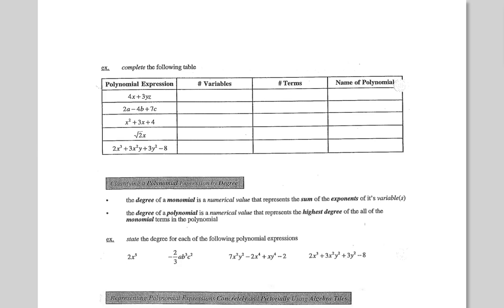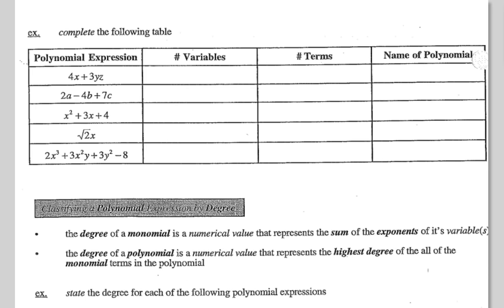Alright, let's go through this chart. In the first expression, how many variables are there? X, Y, and Z, there are 3. And how many terms? Very nice. There's only two because they're separated by the plus. The 4x is a term and the 3yz is a term. And because there's only two terms, we call it a binomial.